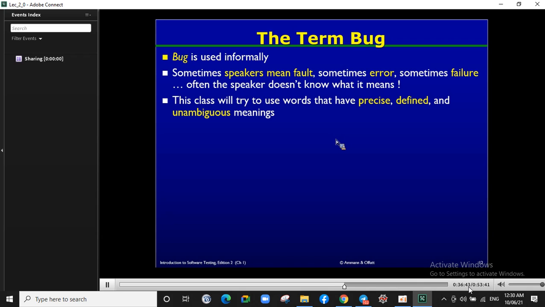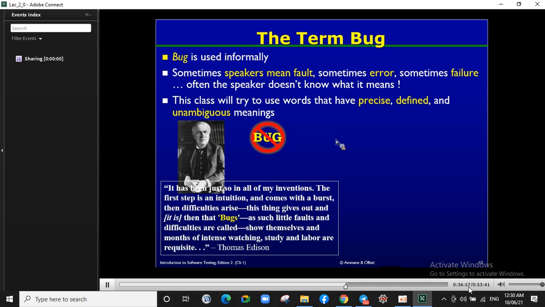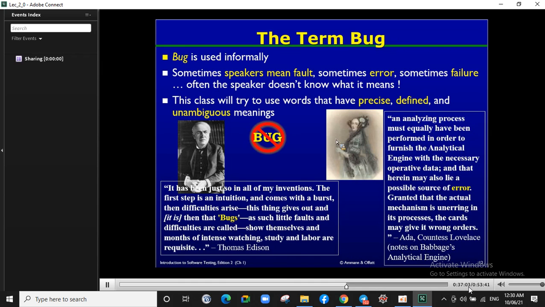We don't use bug in this course or in this textbook or in other textbooks, but there are some historical documents, such as documentation of Thomas Edison and other scientists, that use bug, but today we use just fault, error, and failure with the meanings mentioned in previous slides.